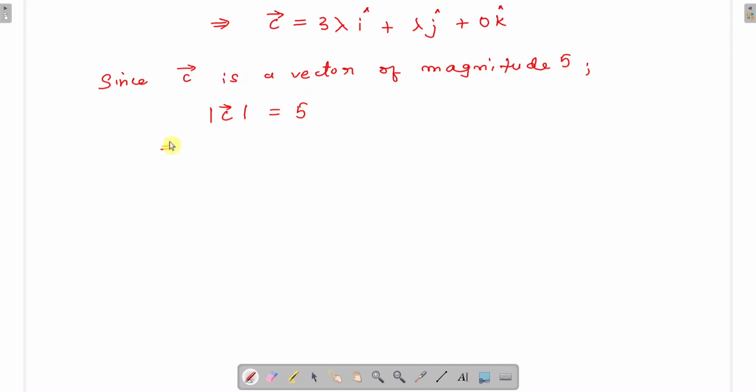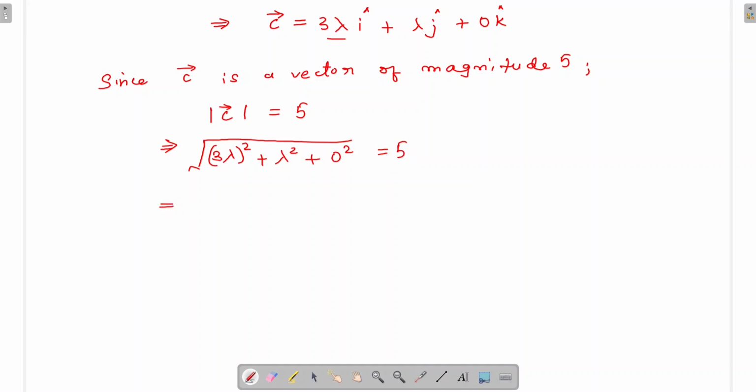So this implies root of 3 lambda square plus lambda square plus 0 square is equal to 5.